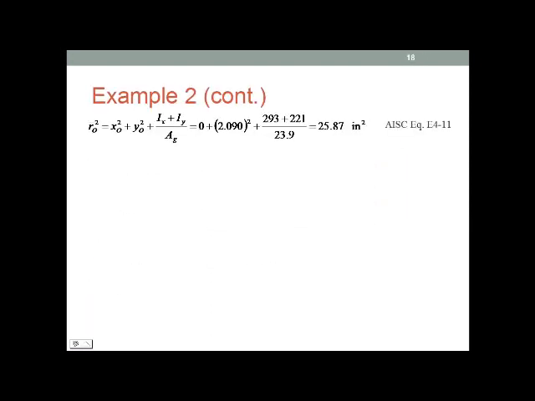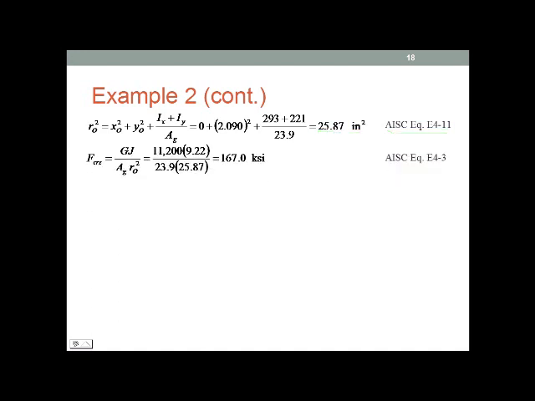Calculate R0 bar squared using equation E4-11 found in the AISC specifications. Now if you substitute for the unknowns, you'll get R0 bar squared equal to 25.87 square inch.